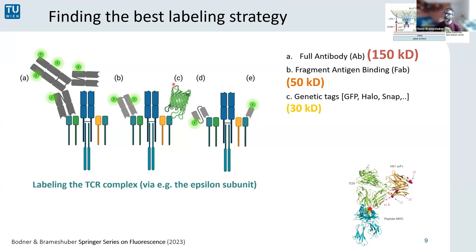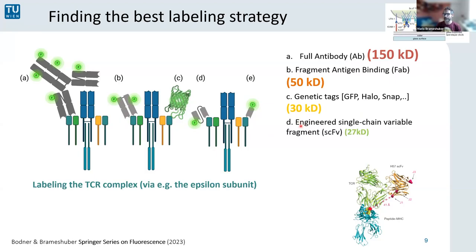However, our chosen tags normally for these studies are either genetic tags, so you can add a GFP, for example, any fluorescent protein, or another tag like a halo tag, SNAP tag, where you can later covalently bind the organic dye to it. Already with a much smaller size.